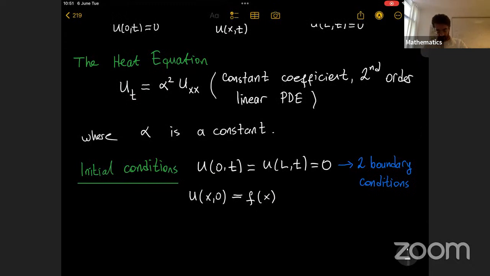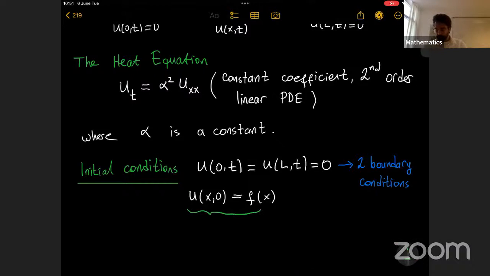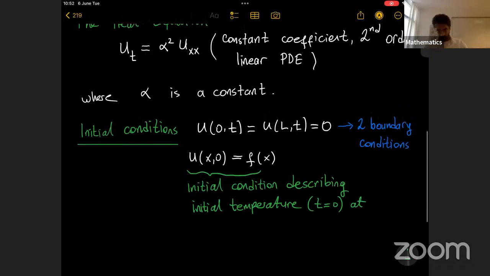So this represents the initial condition describing the initial temperature, that means t is equal to 0, at any point of the rod.